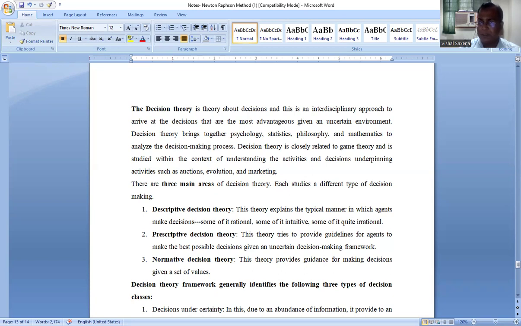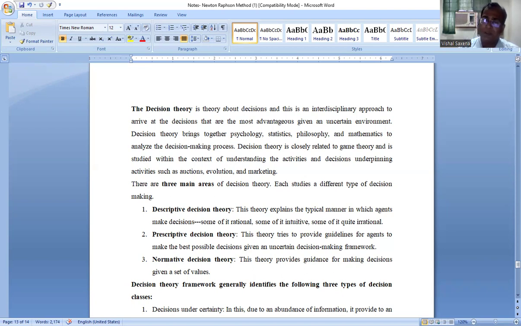Decision theory is a theory about decisions, an interdisciplinary approach to arrive at decisions that are most advantageous given an uncertain environment.